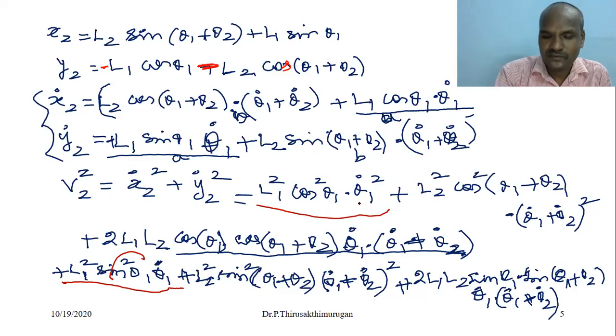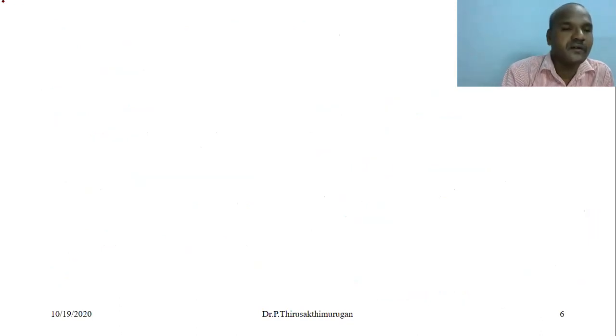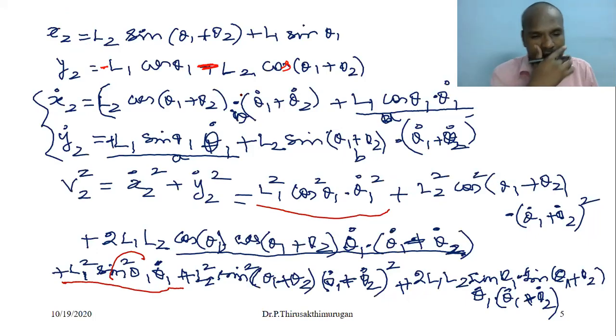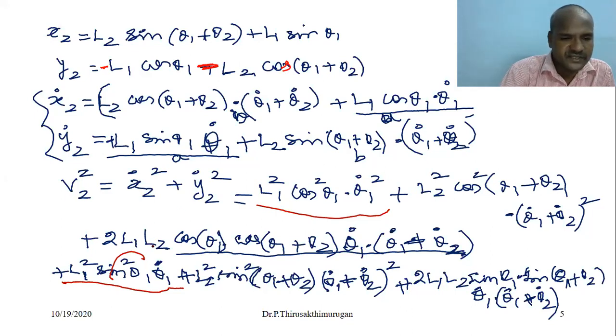So we get V2 square equal to L1 square theta 1 dot square. These two terms vanish.